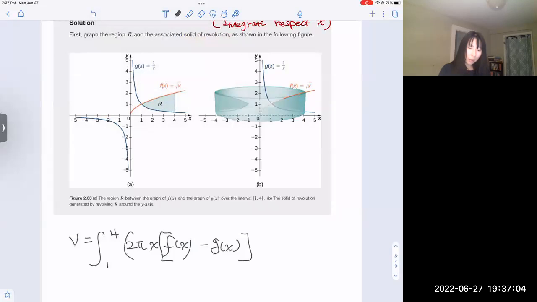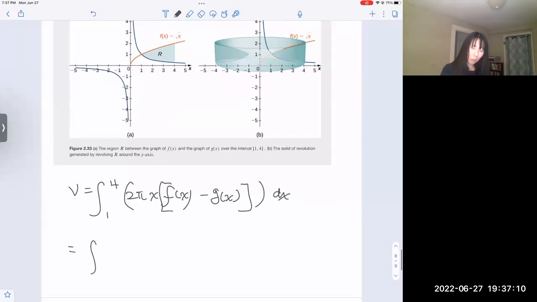So we do that, dx. All right, then from 1 to 4, 2 pi x. The top one is square root of x, the bottom one is 1 over x.